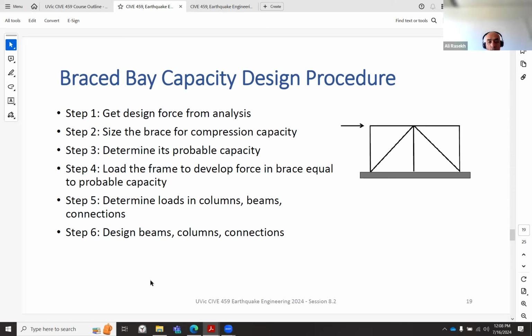Then you have all the design forces in all members out of analysis. However, if you remember, we previously said that for capacity protection, we only use that load in the design of the braces. And normally the compression capacity is lower, so we size the brace for compression capacity.